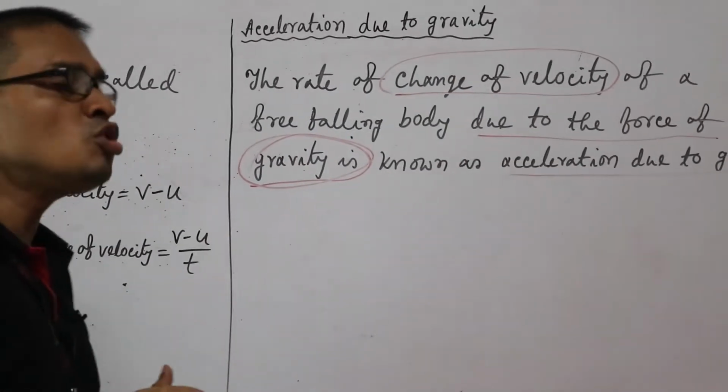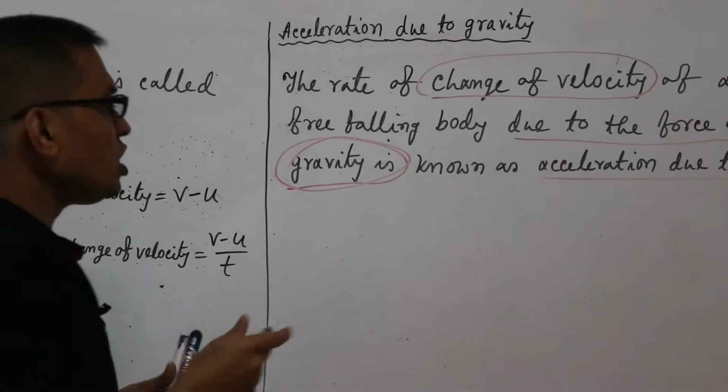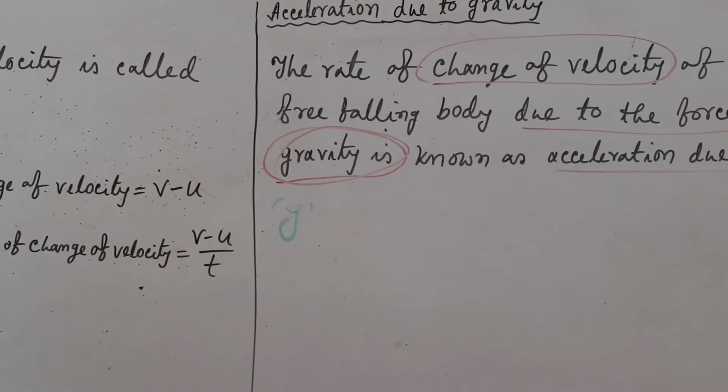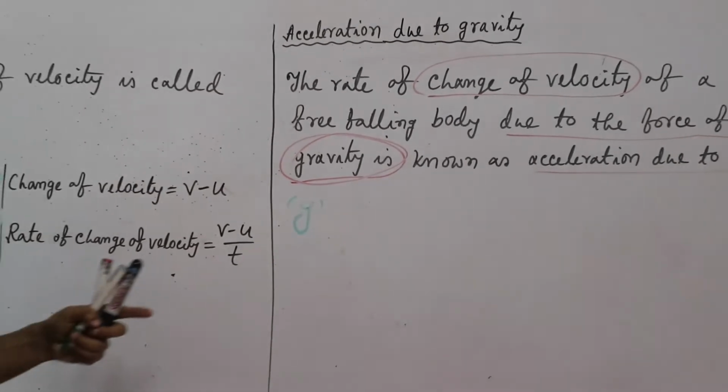And acceleration due to gravity is denoted by a small g. Now we will find out the equation of a small g.